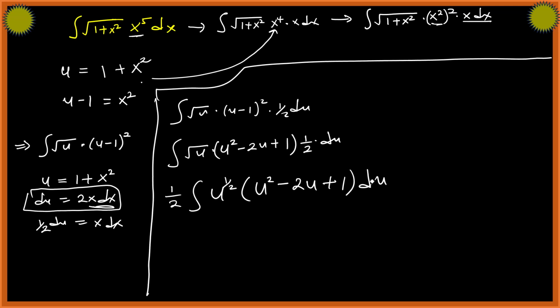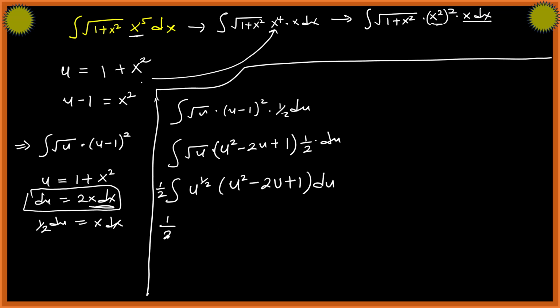So let's expand the bracket here; we are going to apply indices. So half the integral, u raised to half times u raised to 2: I'll just write one of the u and then add the powers.